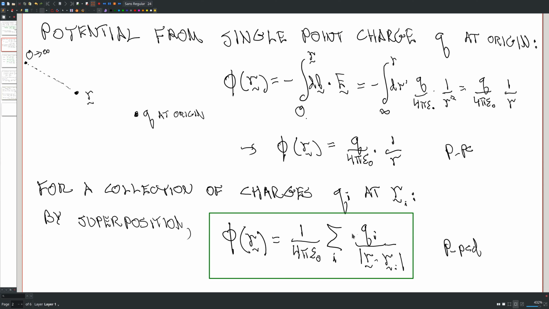And now we want to ask, what is the potential in space that originates from that charge at the origin? So we start at infinity, very far away, Canada, where I come from, and then we integrate all the way up to here the value of the electrical field along the displacement.